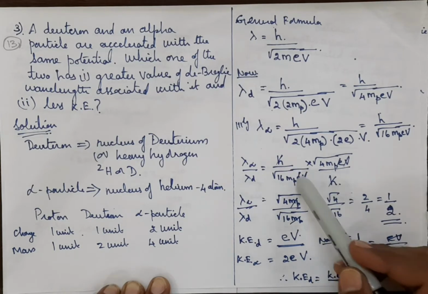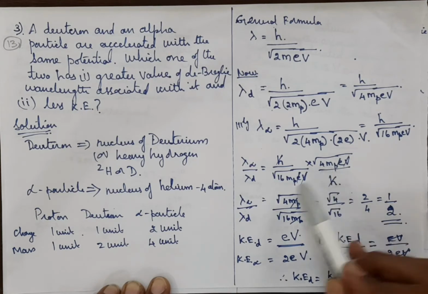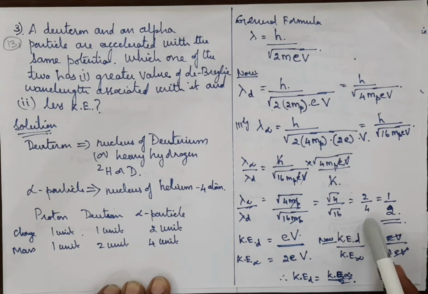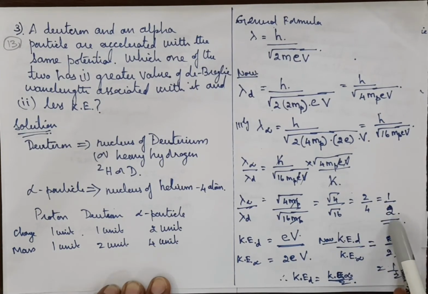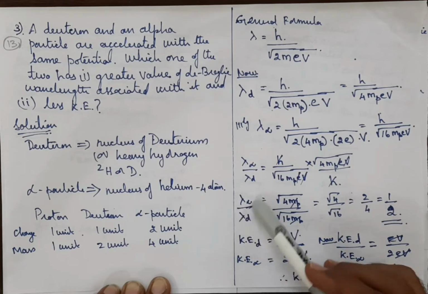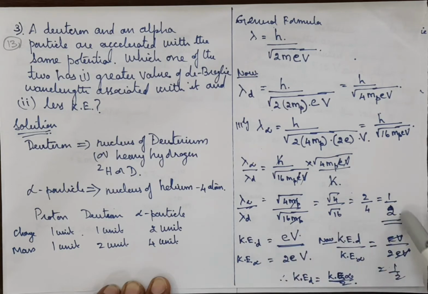All the similar things get cancelled out, and we have only root 4 in the numerator and root 16 in the denominator. Root 4 is 2, root 16 is 4. Therefore 2 by 4 is 1 by 2. Therefore the ratio of the wavelength of the alpha particle to the wavelength of the deuterium is half.